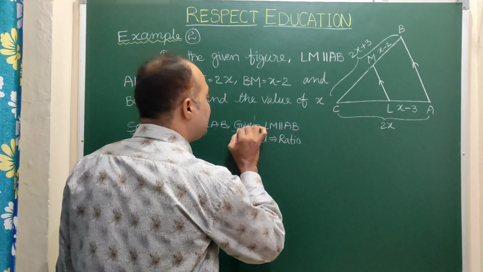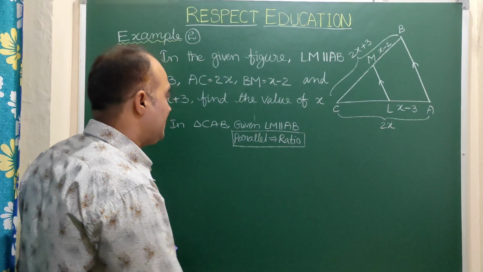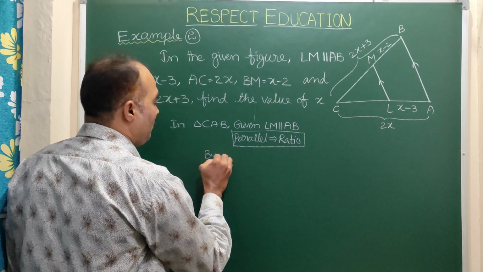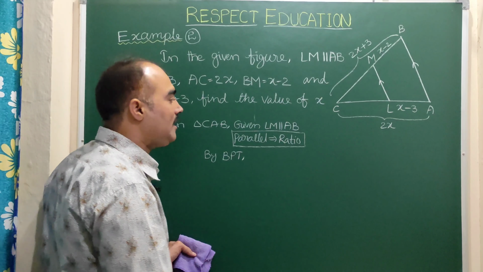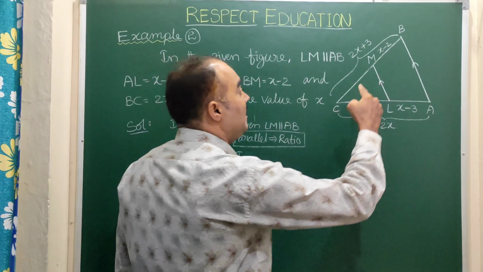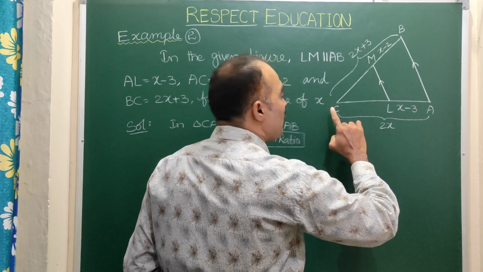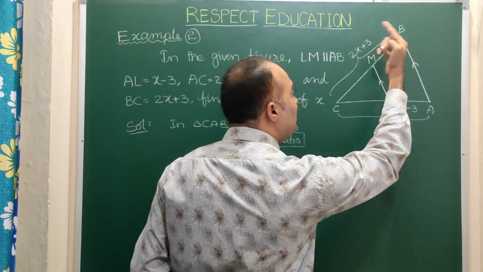So this is based on BPT, the basic proportionality theorem. So we can write by BPT the corresponding ratios are equal. That means here you observe CL by LA equal to CM by MB.